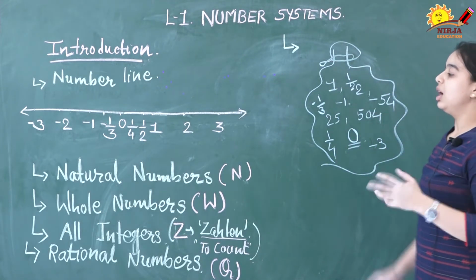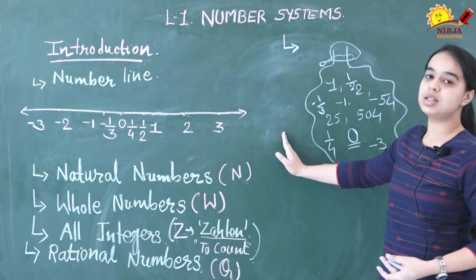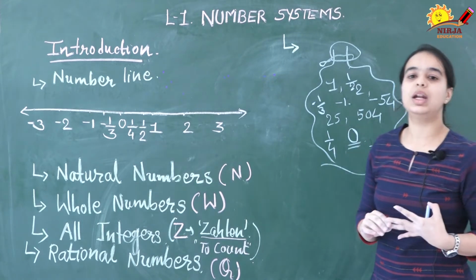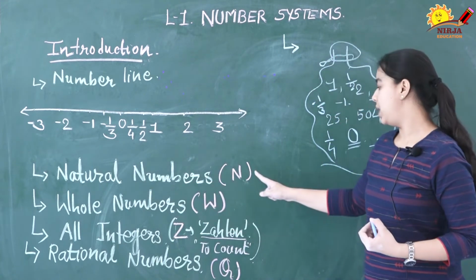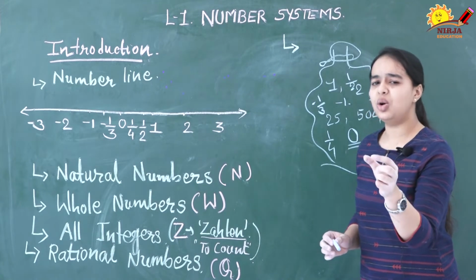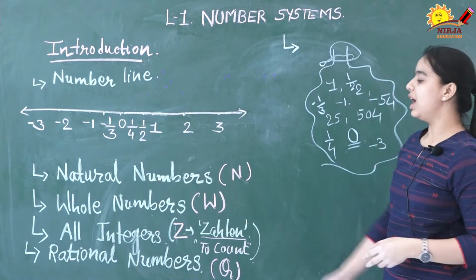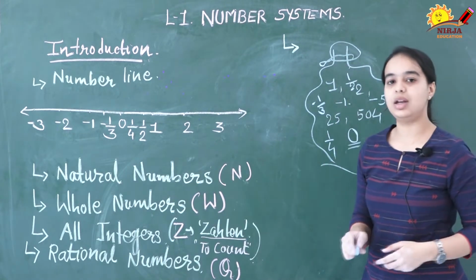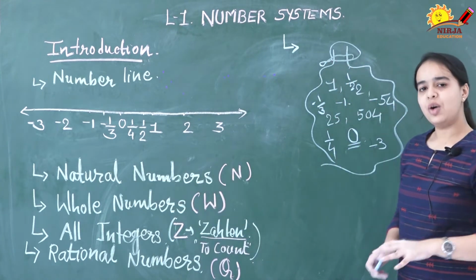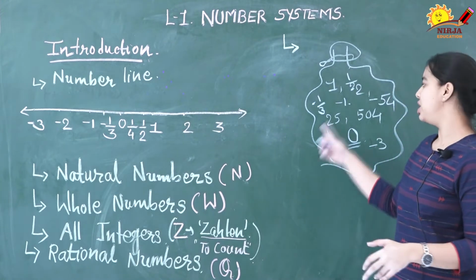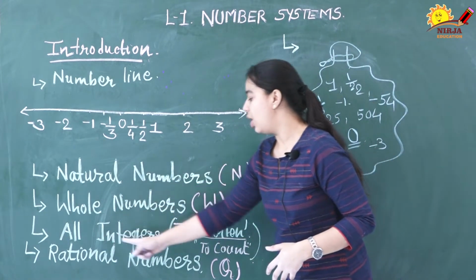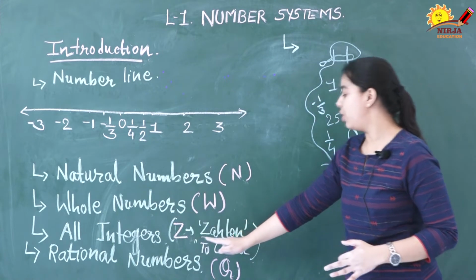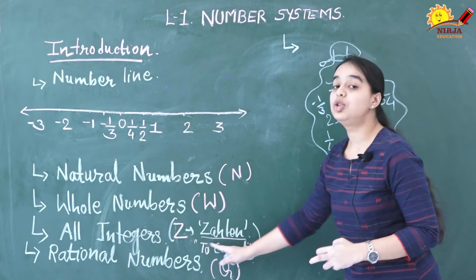As we have seen, if we collect only natural numbers, 1, 2, 3, 504, 1006, we call them natural numbers, and we denote them by N. If I add just 0 to the natural numbers, it becomes whole numbers: 0, 1, 2, 3 and so on, denoted by W. If I add negative numbers also to my bag, it becomes all integers, denoted by Z, and this symbol Z came from the word zählen, which means to count.